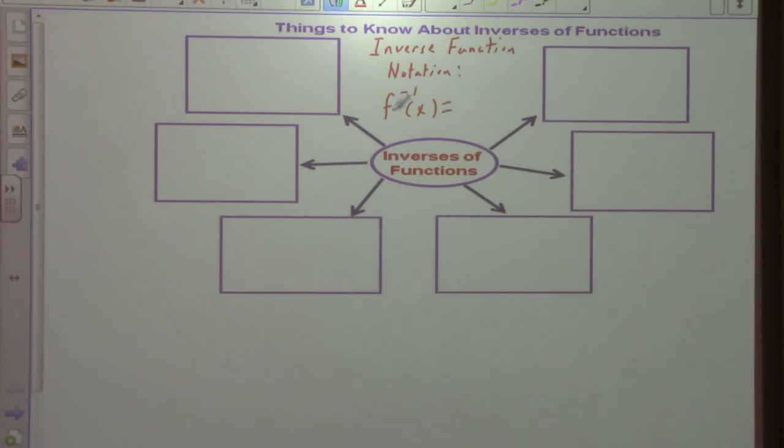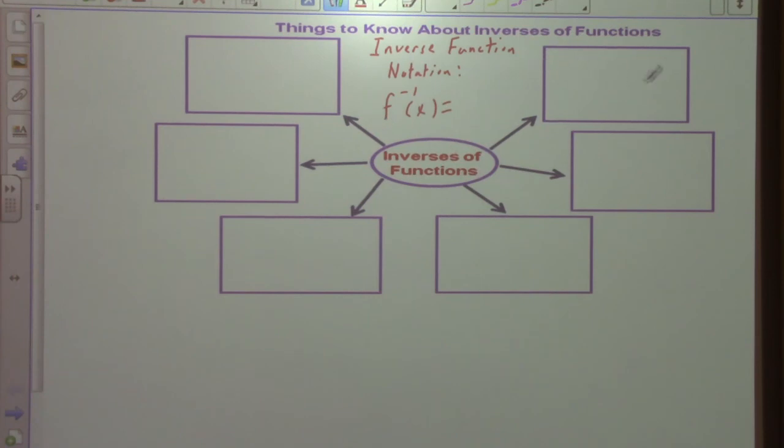So you'll see this -1 in the place of an exponent. Well, that just means an inverse. And if you look at your calculator, on the sine and cosine and tangent keys, you'll see sine⁻¹, that's an inverse.